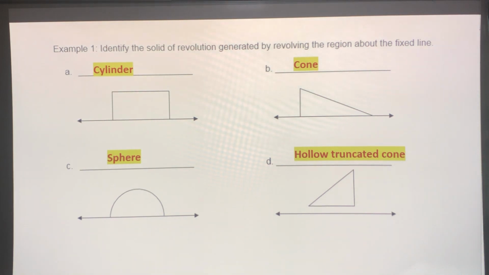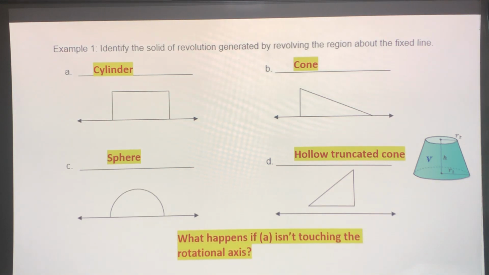This is one variation that we'll see, but you're not responsible for this particular shape. This is what a hollow truncated cone will look like minus the section in the center. If you imagine a cylinder cut out of this, that's the result of this triangle rotating in space.